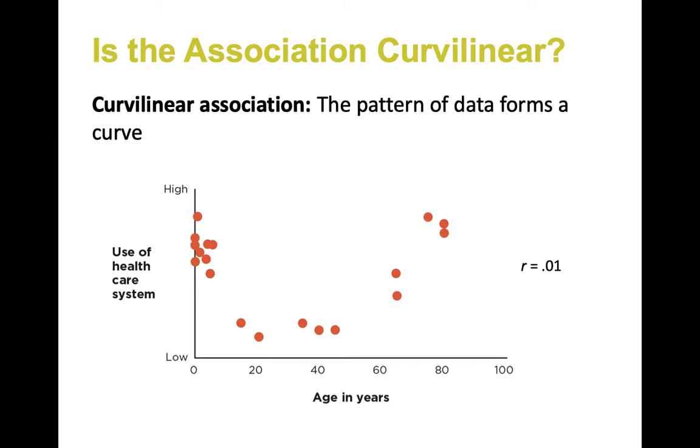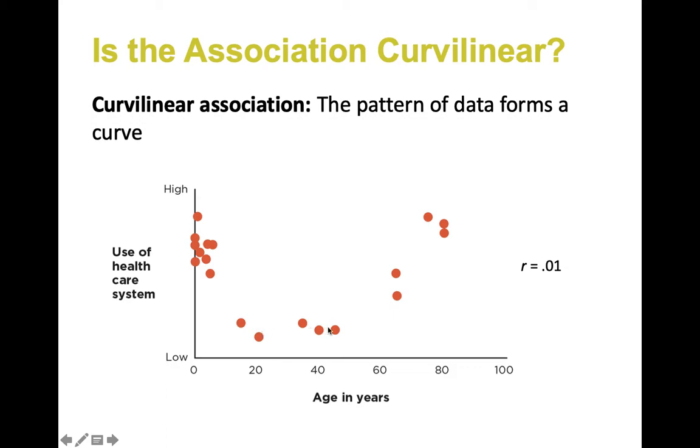The pattern of the data forms a curve. So we've got age in years on our x-axis, and we've got use of the healthcare system on the y-axis. And as you can see, it's very common to use a healthcare system when you're very, very young. So when you're first born, and during the early years of life, you got to go to many doctor's appointments, you get all your shots.